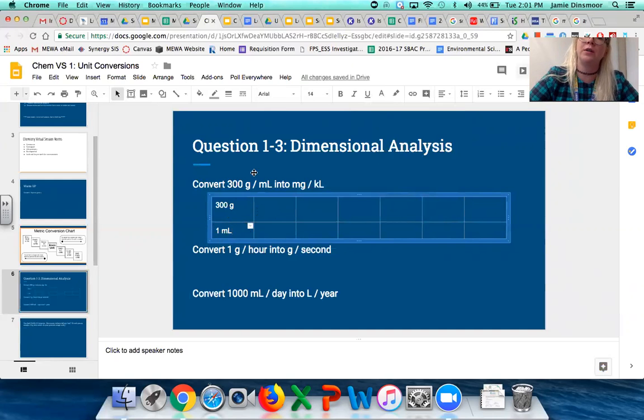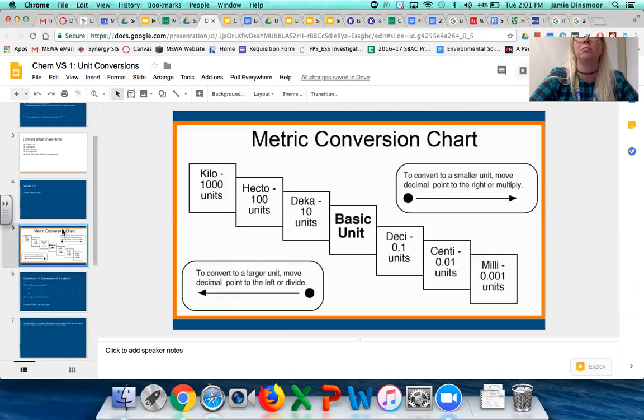I want to convert this into milligrams per kiloliter. So that's what I need to get to at the end. The first thing I'm going to do is start with grams. Well, I need to go to milligrams. So I need to ask myself, how many milligrams are in a gram? And I may need to go back to my metric system chart.